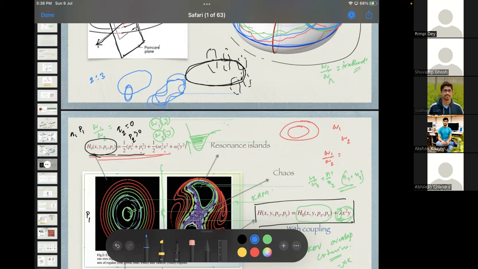I'm not drawing it correctly, but you can imagine that. So that's why you get different regions corresponding to different particular resonances. You can visualize different regions in different sections.